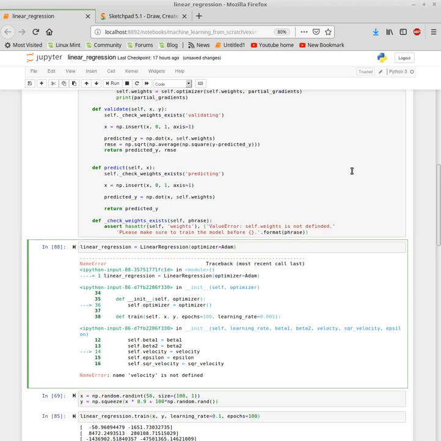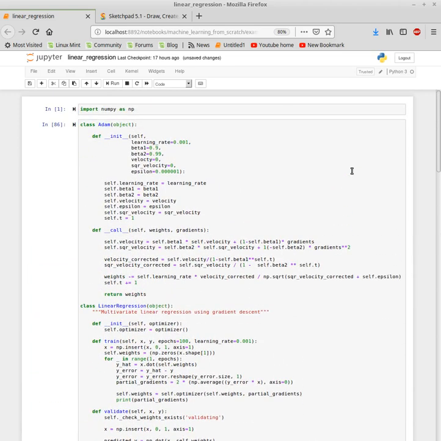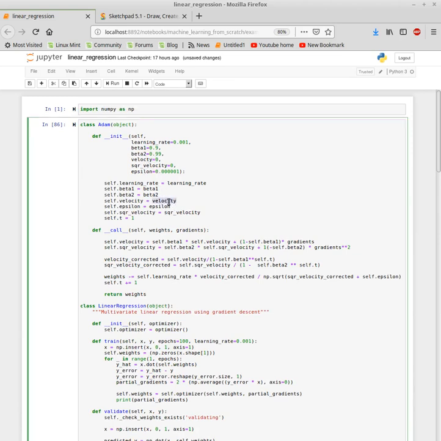Velocity is not defined. Maybe I spelled it wrong.